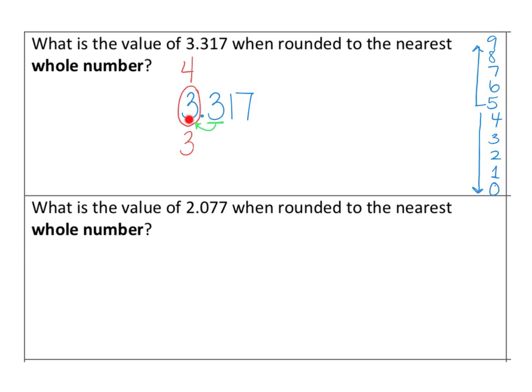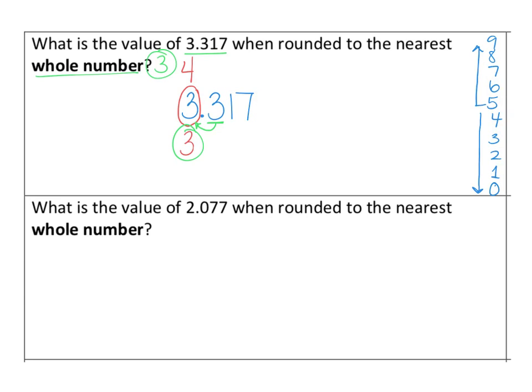So you are going to round down. So this 3 then has to round down to 3. So when we round 3 and 317 thousandths to the nearest whole number, our answer is 3.